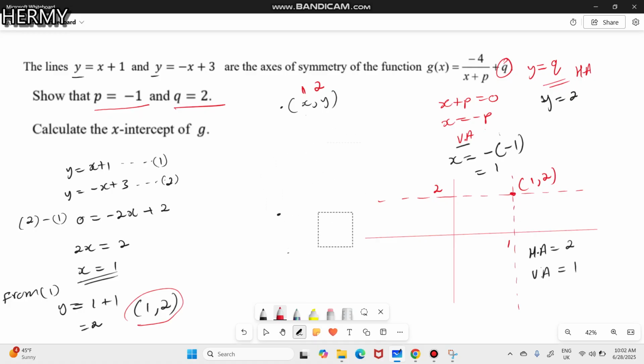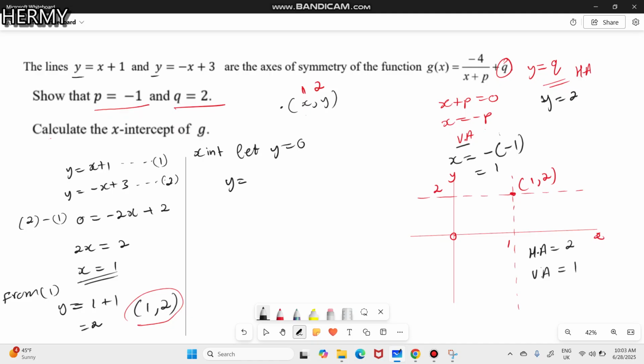If you are done with those two, this side is x, this side is y. So you can just calculate the x-intercept of that line. Calculating the x-intercept, you let y equal 0.